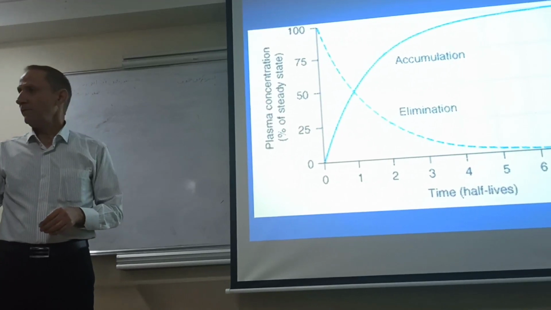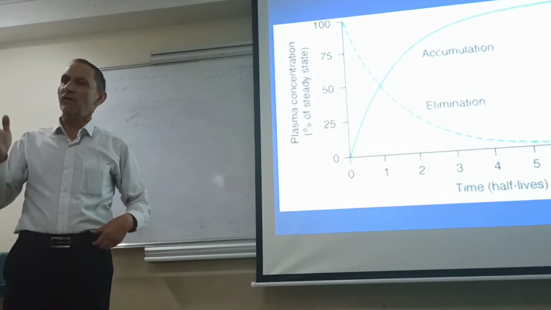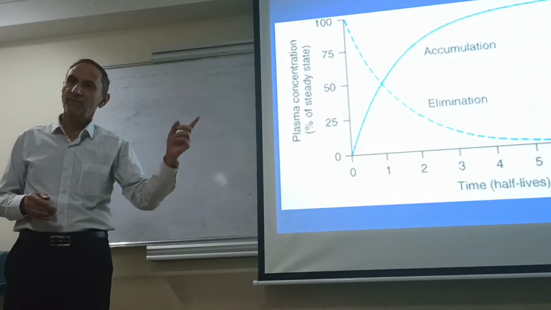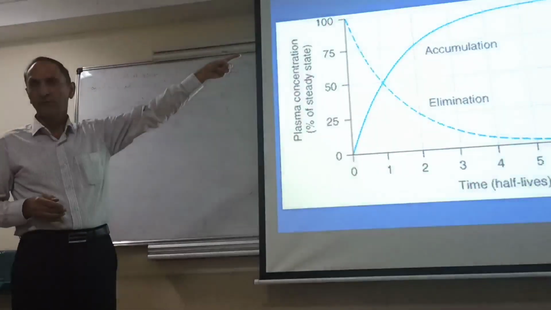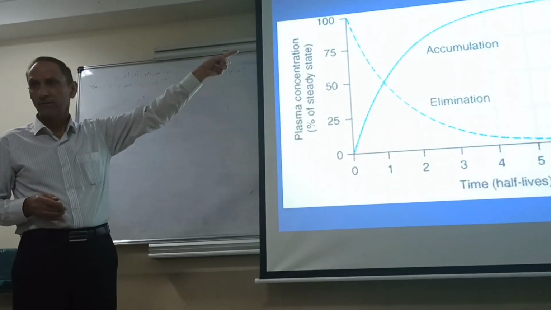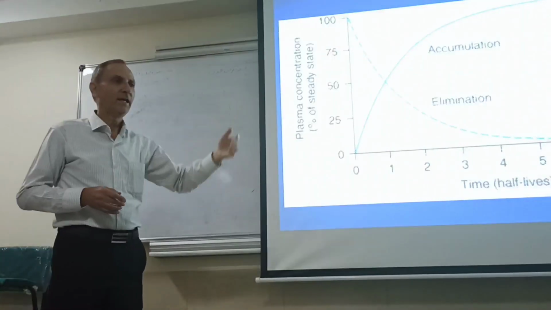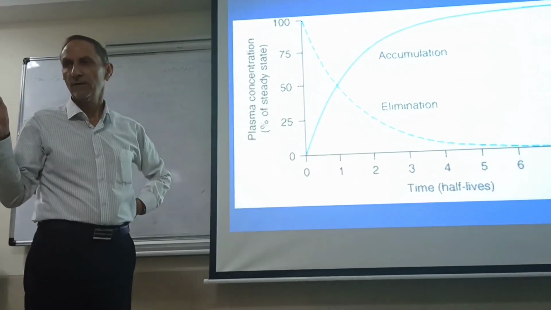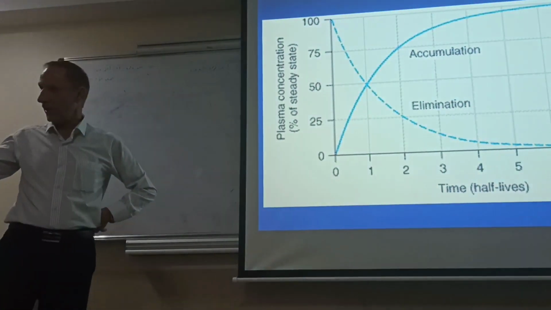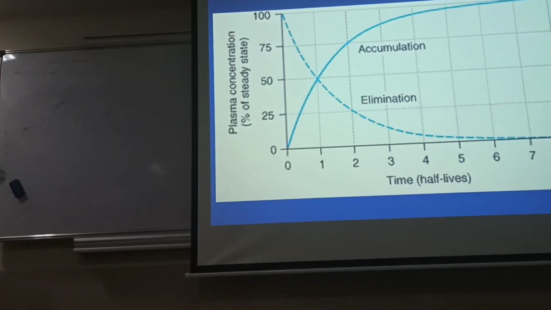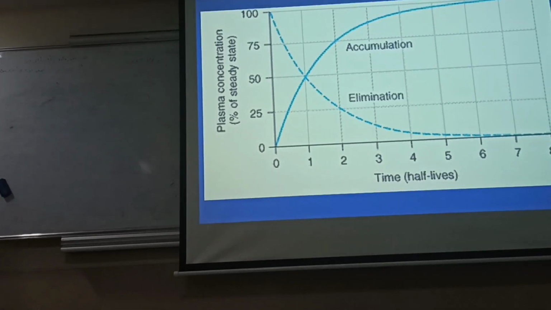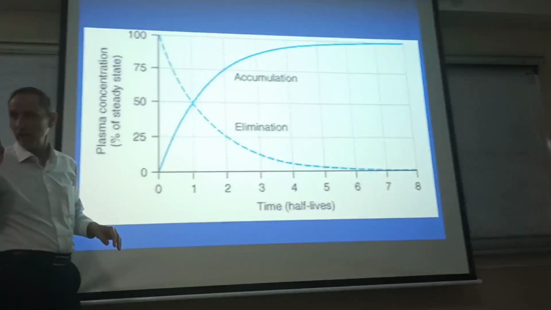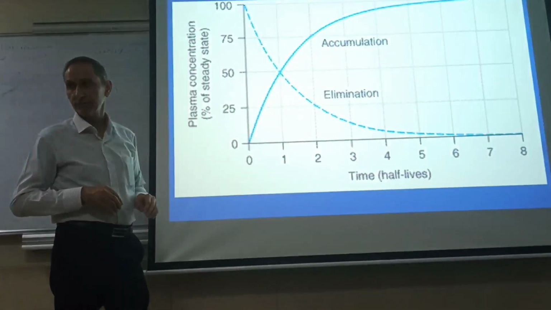So if a drug has a half-life of 8 hours, after 40 hours we reach that point. We call it a steady state concentration. After 5 half-lives, we reach a steady state concentration. In other words, we have little by little accumulation of the drug.